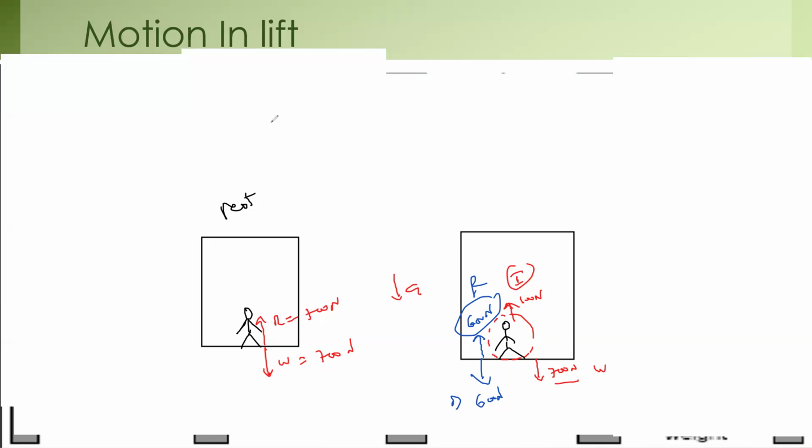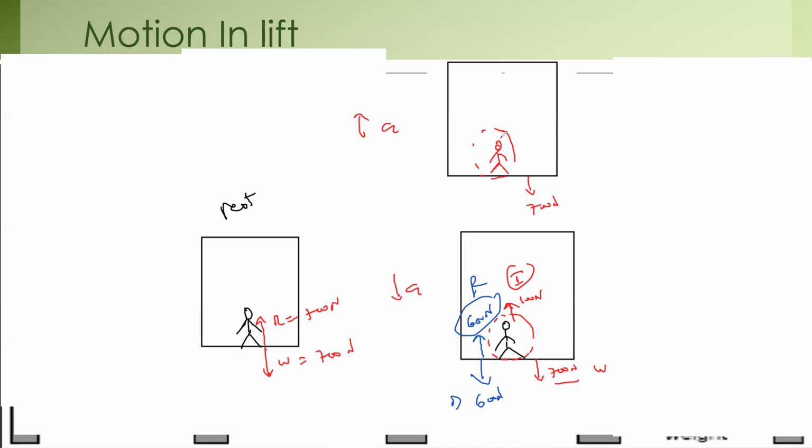In this example the object was accelerating. If it was accelerating upward, the weight was 700 Newton.